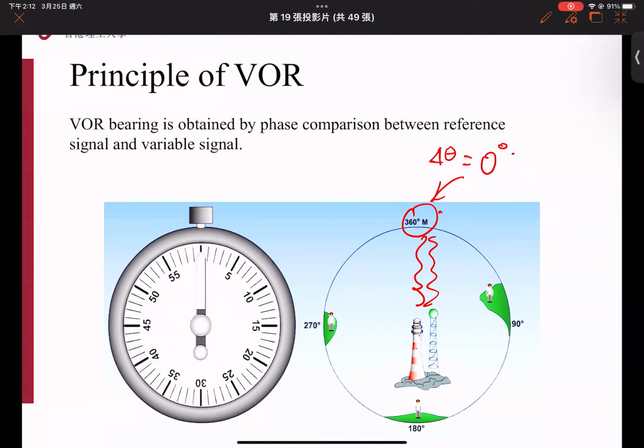But at 90 degrees, the reference signal is the same, but your turning signal, actually, let me see. Actually, there will be a difference in receiving time, so that you receive the turning signal later, because the turn needs some time, so the propagation will have a difference. The other one may have a small shift on the phase, and this shift on the phase is able to tell you your angle.